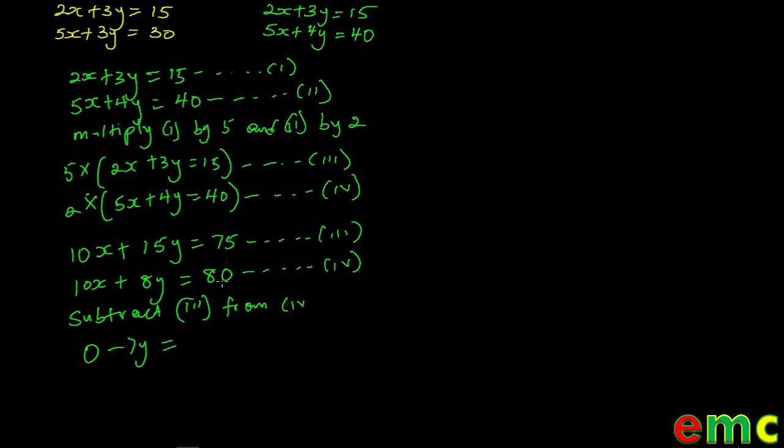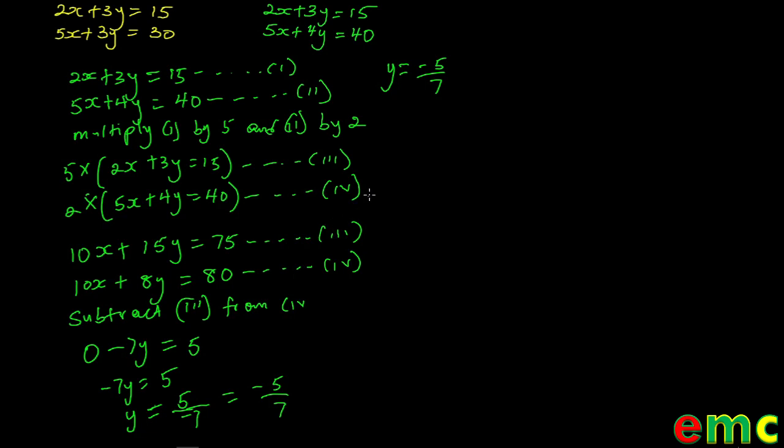And 80 minus 75 gives us 5. So we have minus 7y equal to 5. Dividing through by minus 7, y is 5 over minus 7, which is equivalent to minus 5 over 7. So y is equal to minus 5 over 7.